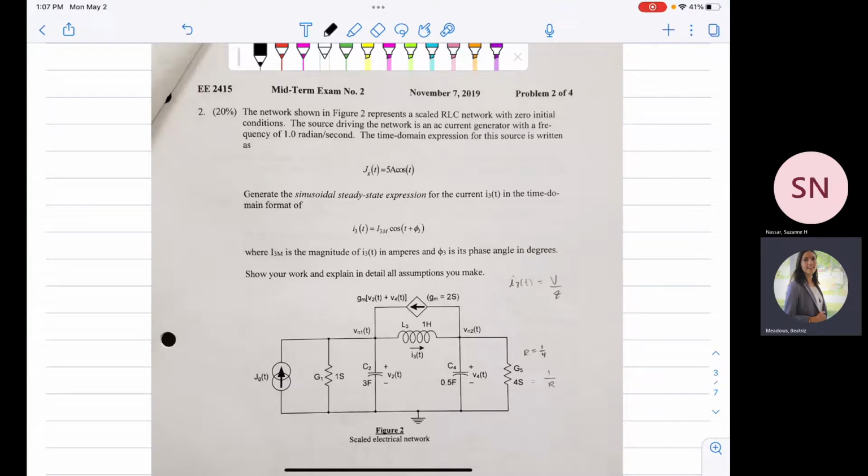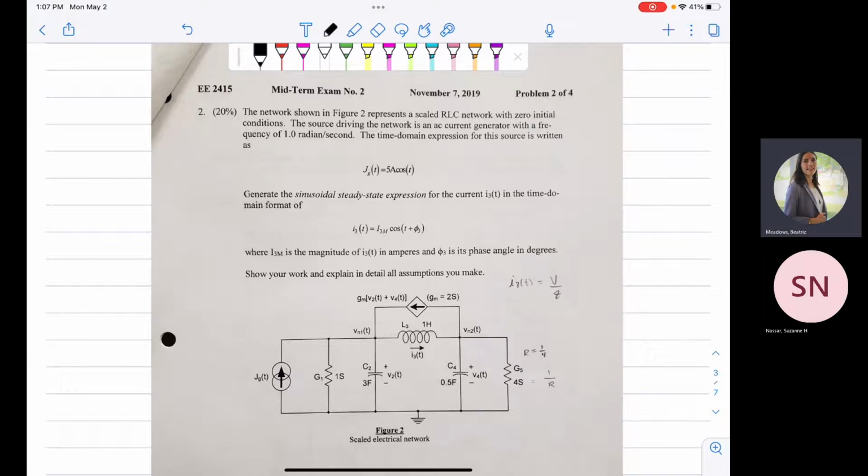Tough crowd today. Is this going to be nodal or mesh?